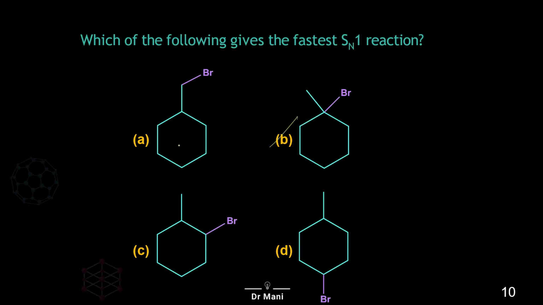So tell me, what is this option? Of which carbon is it? See, this carbon is directly attached to only one carbon, so you can take it as primary. Here, the alkyl group is directly attached to the X. And what about this?